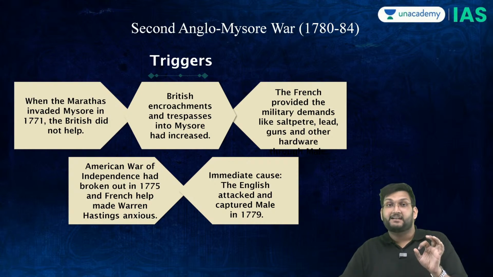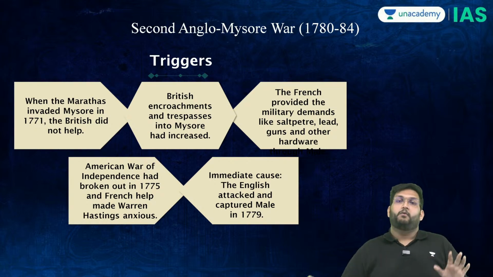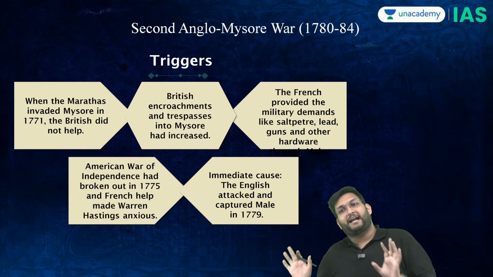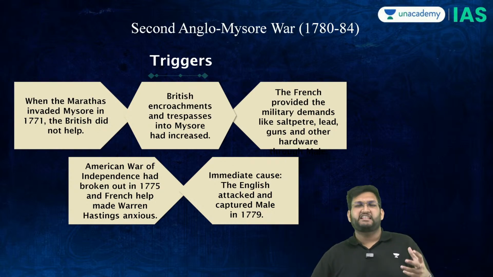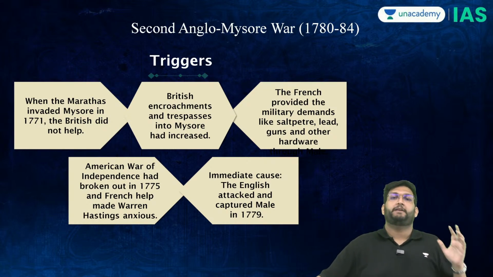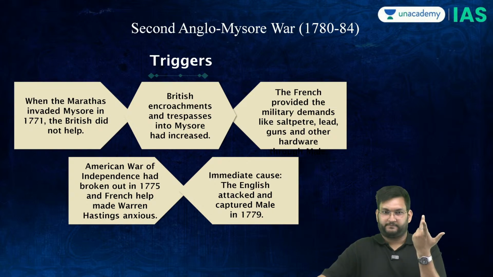But the British are too scared of the Marathas. Therefore, rather than helping Mysore, they are going to stand by the Marathas. This is where Hyder Ali will feel extremely betrayed and will feel that the British are just playing tit-for-tat politics, internal politics. They're playing all the sides.